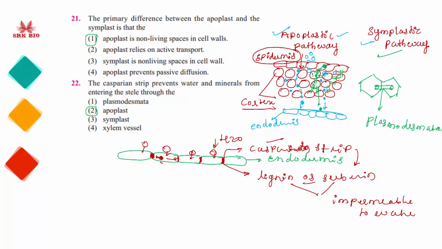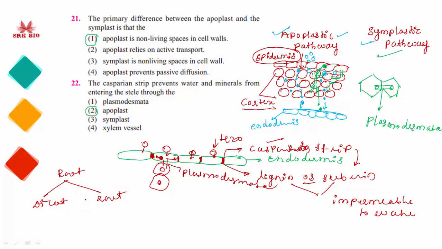Then the question is, how will it enter into the xylem? Only with the help of plasmodesmata. There is no choice. Only with the help of plasmodesmata does the water finally enter into the xylem. And remember, in the root, whether it is a dicot root or a monocot root, the vascular bundles are radial.